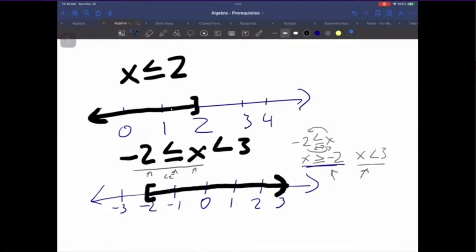What that tells me is that this number with a bracket is included, but this number with the parenthesis is excluded. So x is greater than or equal to -2, but it is less than 3. So x cannot be 3.